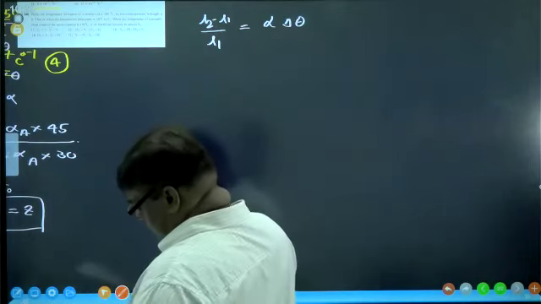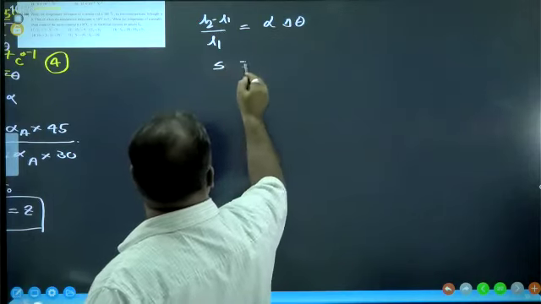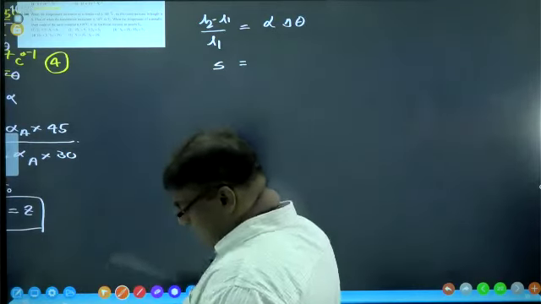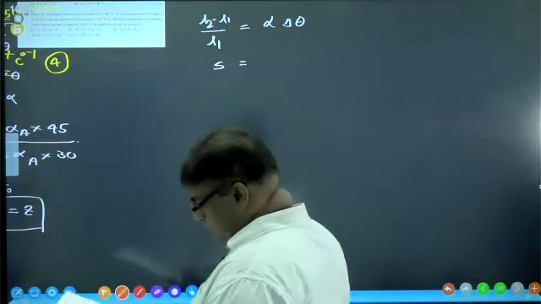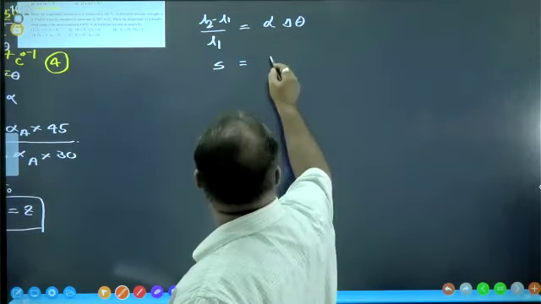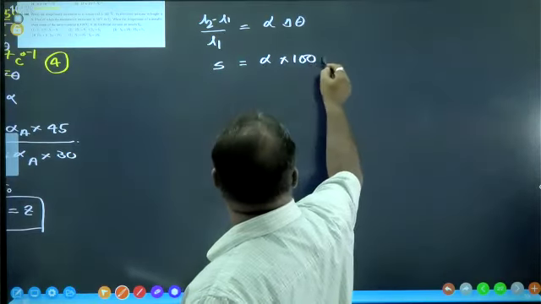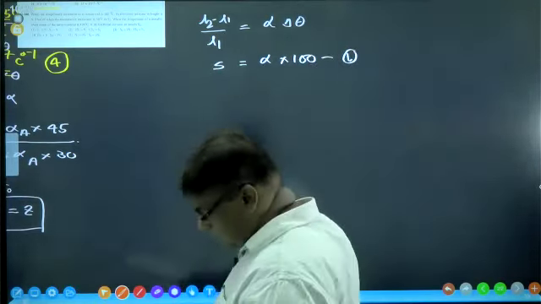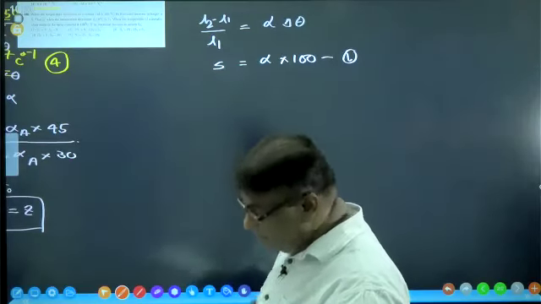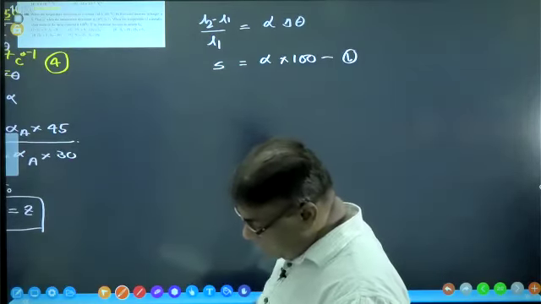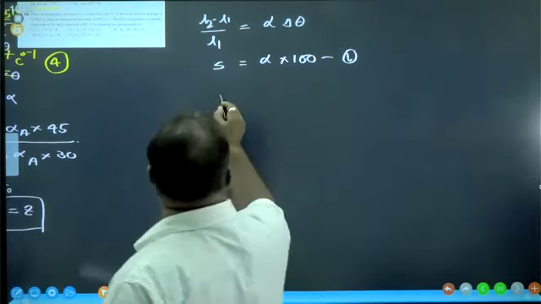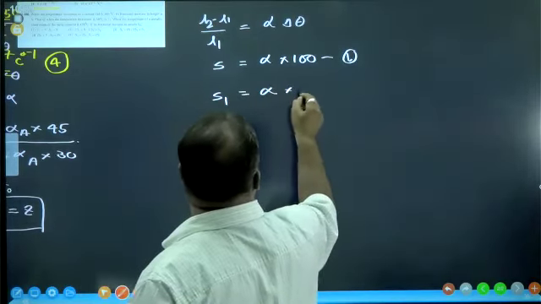This is S. S equals alpha into 100. That is the first one. Second, when the temperature increase is 50 degrees Celsius, it is S1. S1 is alpha into 50.